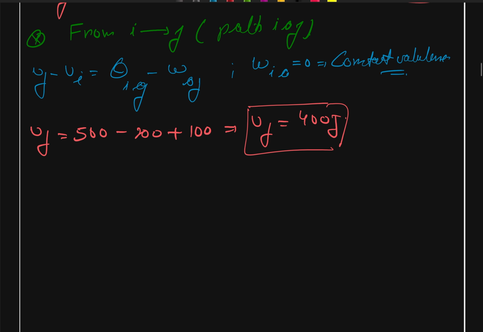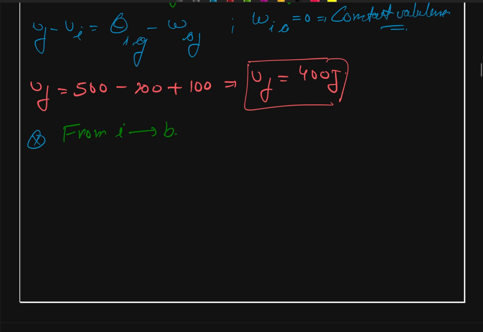Now we come to the path from I to B. Same for the first law of thermodynamics, we are going to just expand it. So we can write this as UB minus UI will be equal to QIB minus WIB, and we get QIB will be equal to UB minus UI plus WIB.